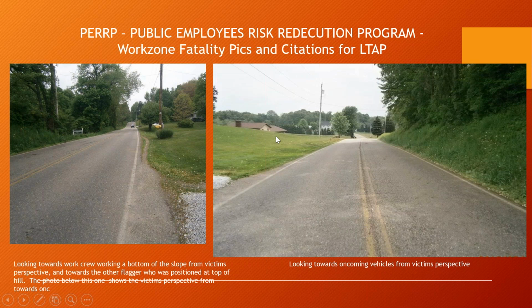The workers went out there and thought they could take care of something kind of quickly, and they didn't want to set up the advanced warning signs or have a flagger. And then a car came driving down through there and ran into somebody.